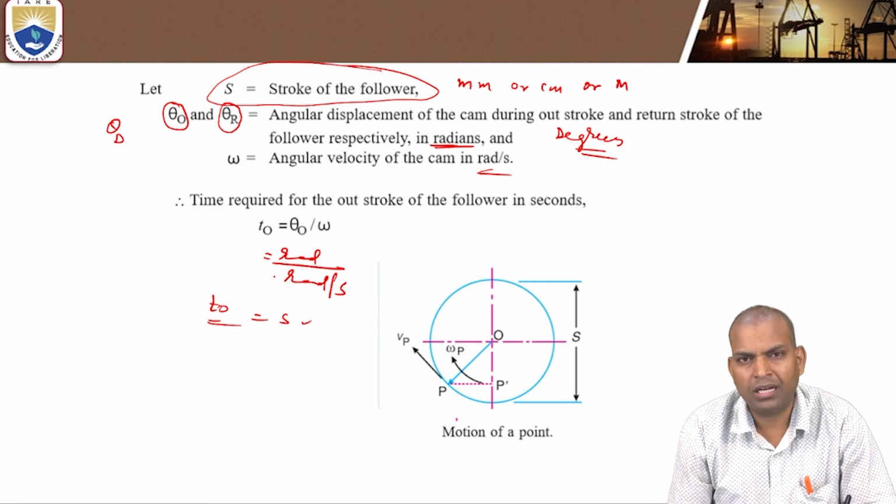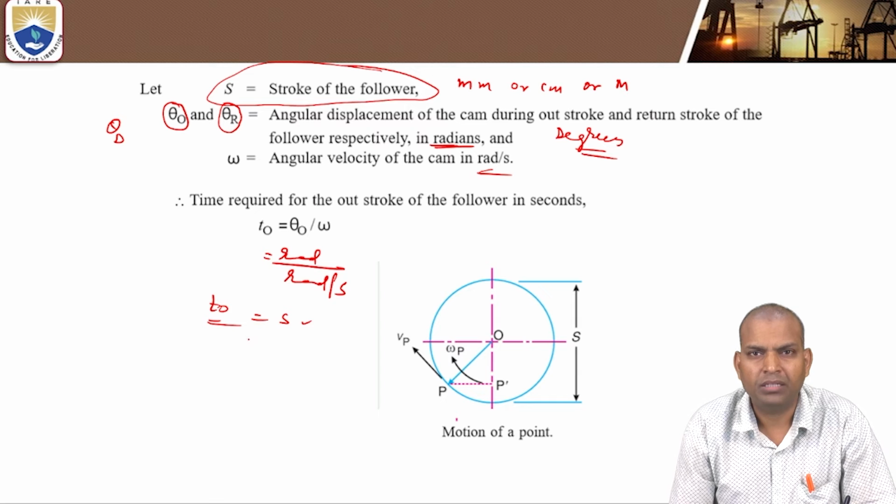Now, the time required for the outstroke of the follower in seconds is equal to theta O by omega.